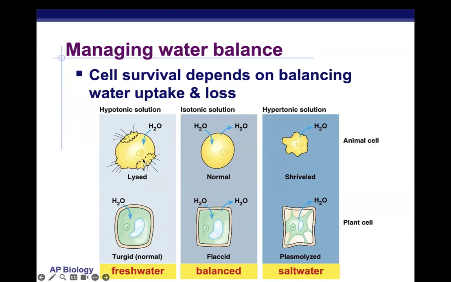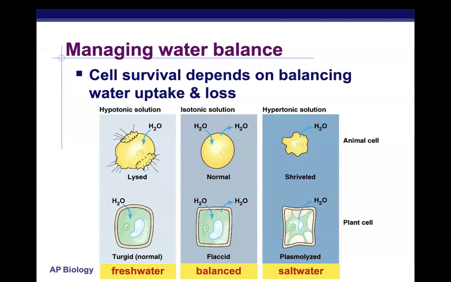In an animal cell, where there's just a flexible plasma membrane binding it, water could rush into the cell so fast that the cell explodes, a process called lysis. In a plant cell, there's the rigid cell wall on the outside as well. So the cell's not going to burst or lyse. It's just going to become really stiff and turgid, just like a potted plant after you water it.